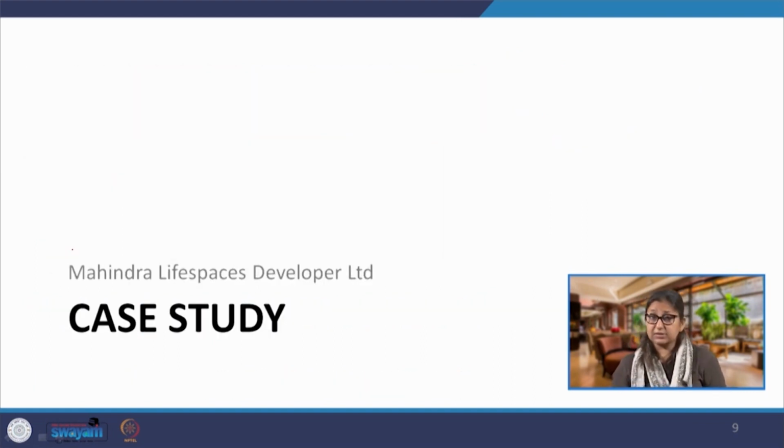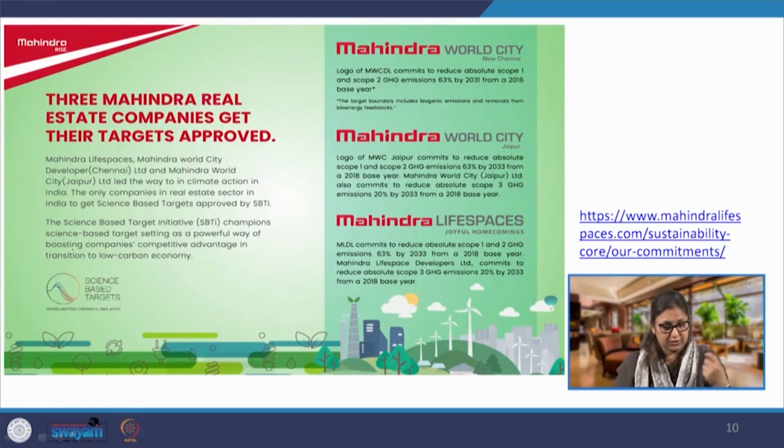Let us look at the case study of Mahindra Lifespace Developers Limited, MLDL, and understand how a real estate company is attempting to reduce GHG emissions, what the solutions are, and what scopes they have identified for themselves. Multiple companies under the bigger brand of Mahindra Real Estate have committed to reduce greenhouse gas emissions.